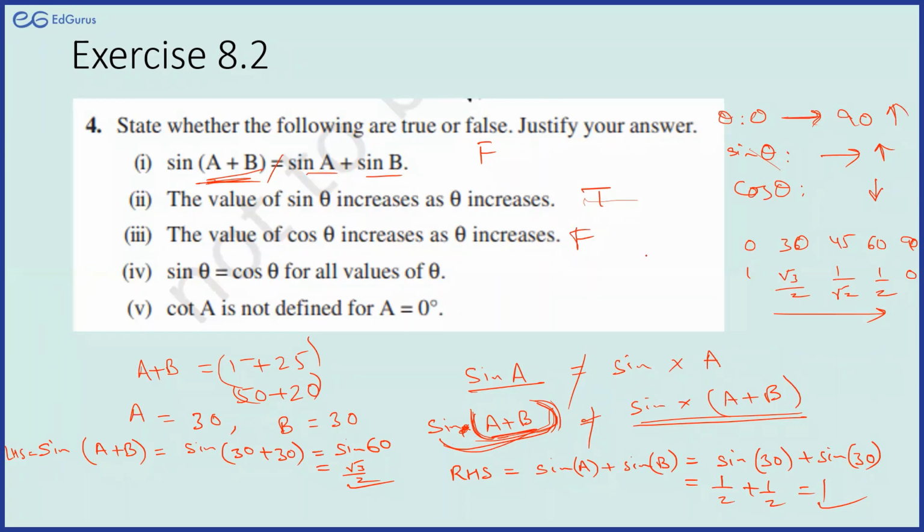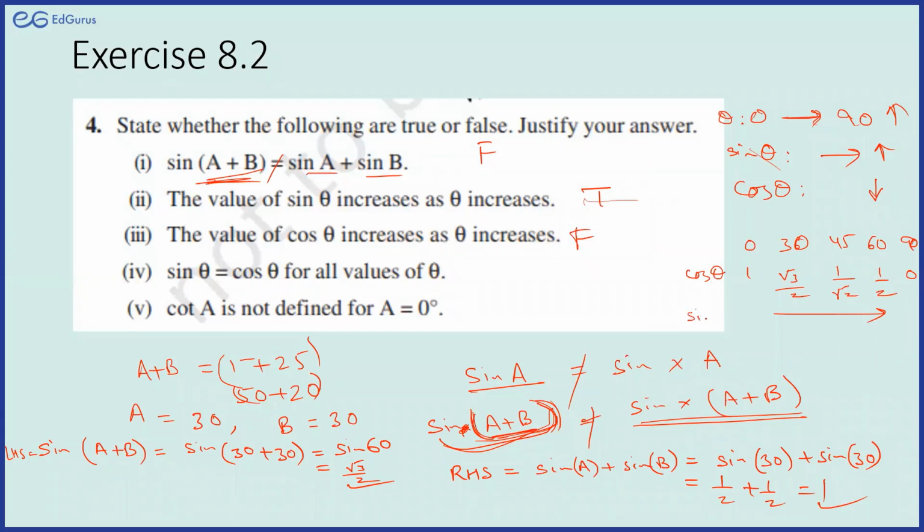Sine theta equal to cos theta for all values of theta. Are they equal for all the values of theta? Is sine of every angle equal to cos of every angle? So this is my cos theta.